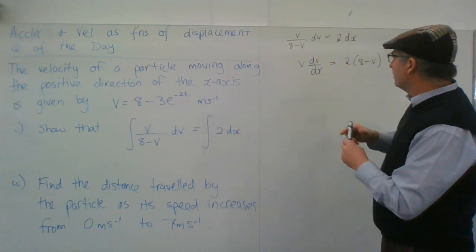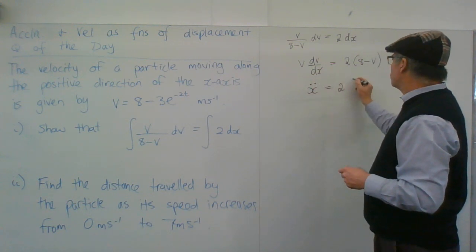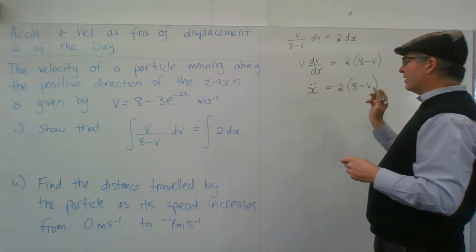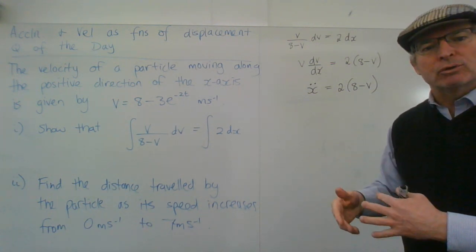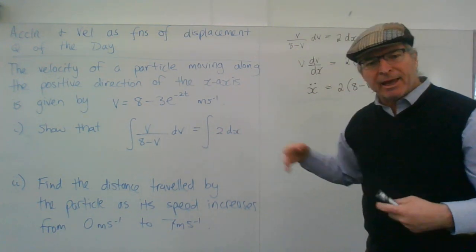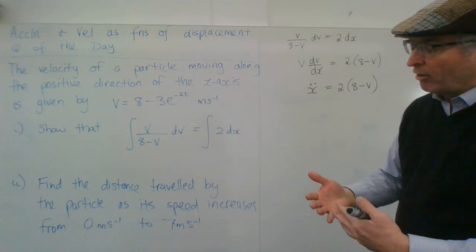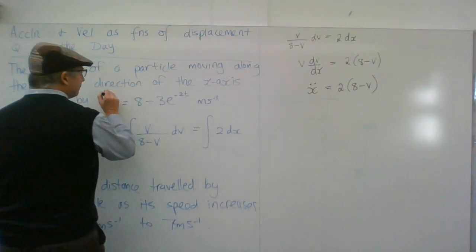So we're saying that the acceleration should be equal to 2 8 minus v. If we can get the acceleration to equal 2 8 minus v, then we can go backwards and get to there. So I'll start with what I've been given in the question.